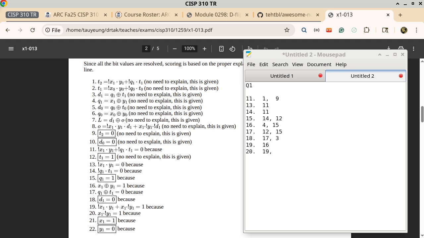Number 13. Oh, okay, very good. So 13 rules out the left-hand side being a 1 because we know that is a 0. So between those two, we conclude that the right-hand side of the OR has to be a 1. And with that, 21 and 22 are both just because of 20. So that would be the answer for this particular version of question number 1.